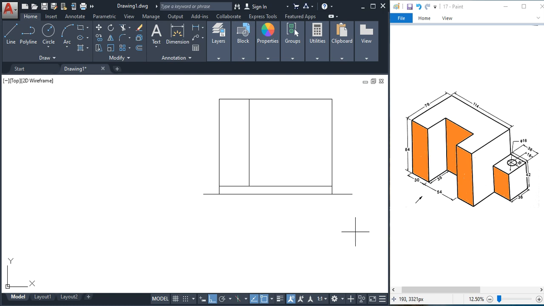And next is 54, and this is 30, so you can go 54 from here, or you can measure 54 from that point, and draw a vertical line like this to represent the second rectangle, and the third rectangle is automatically represented.